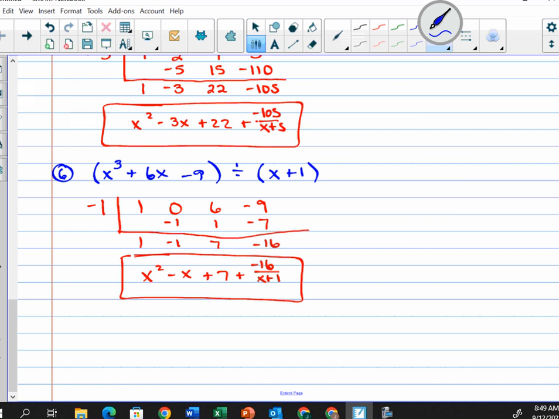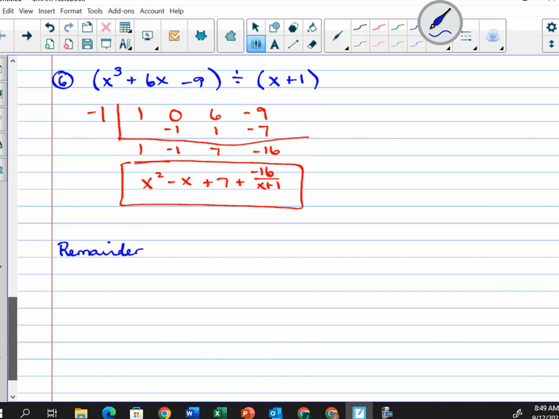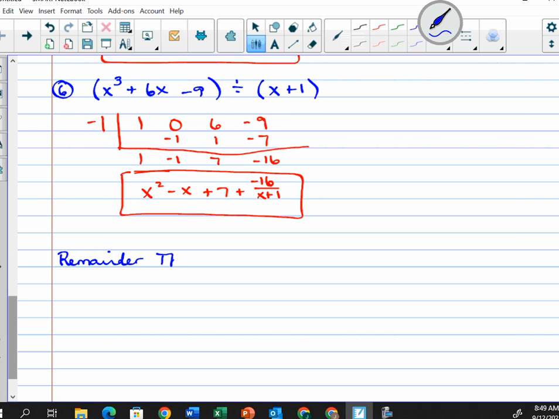All right, we've got to write a couple of short theorems, the remainder theorem and the factor theorem. Any questions on number 6?